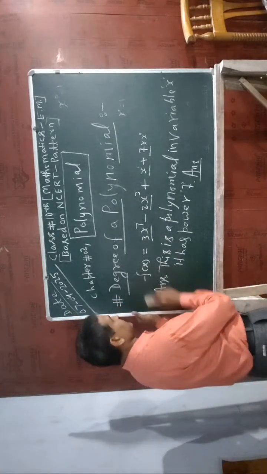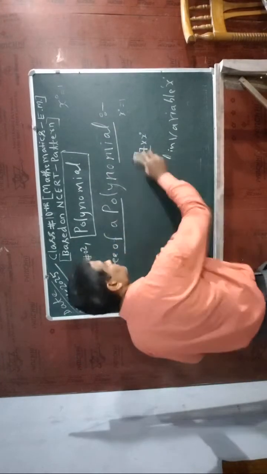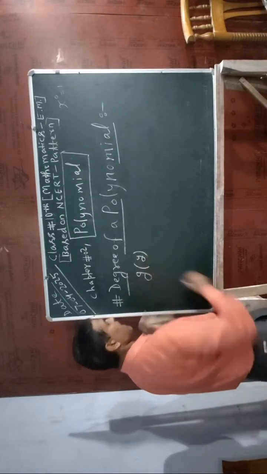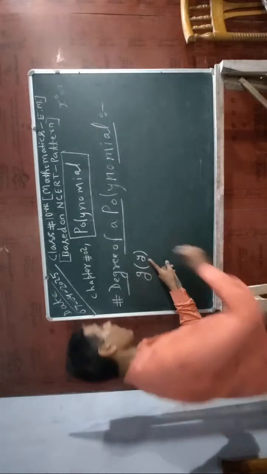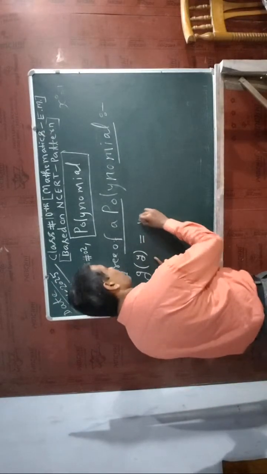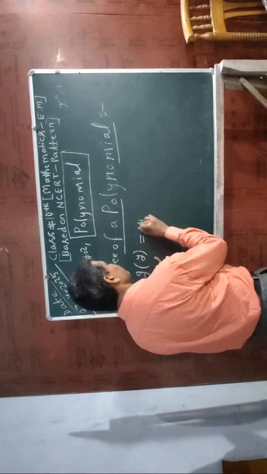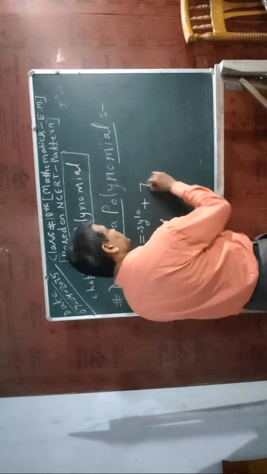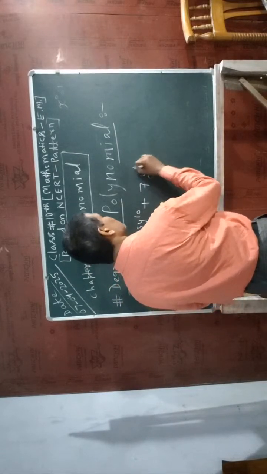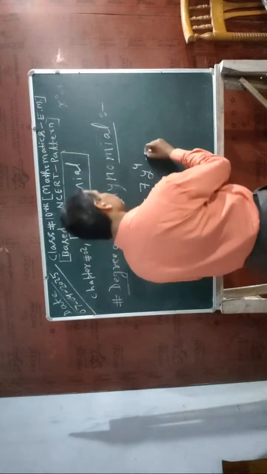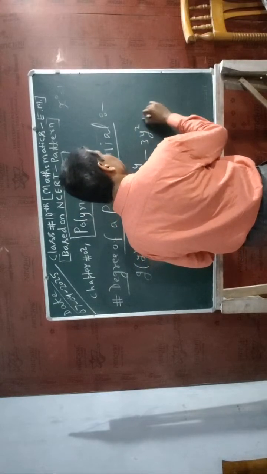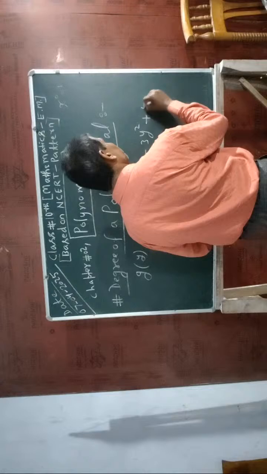So I am going to erase this. Here I am writing a function, and this function is in y. So here I am going to write minus 5 y to the power 10 plus 7 y to the power 4 minus 3 y to the power 2 plus 5.